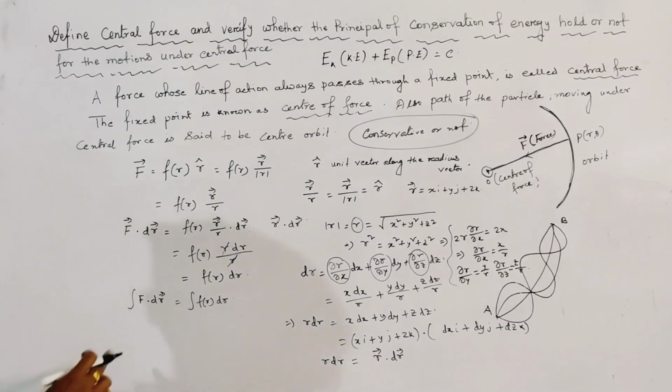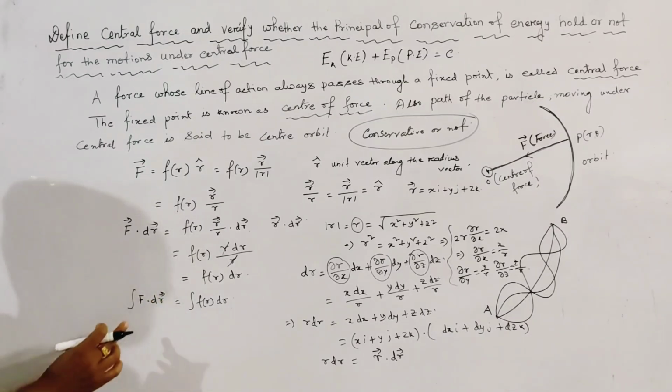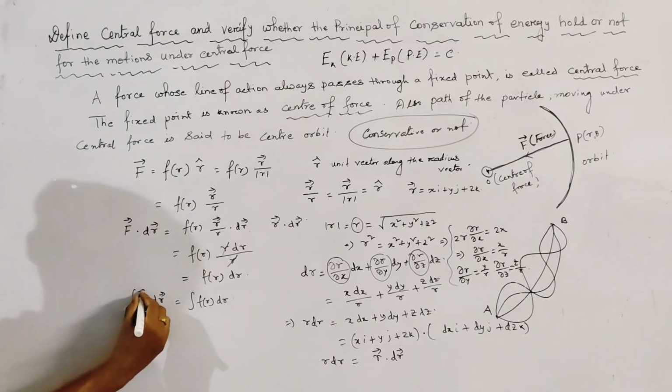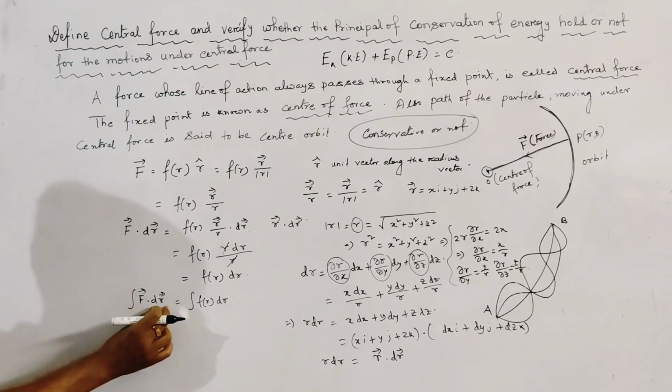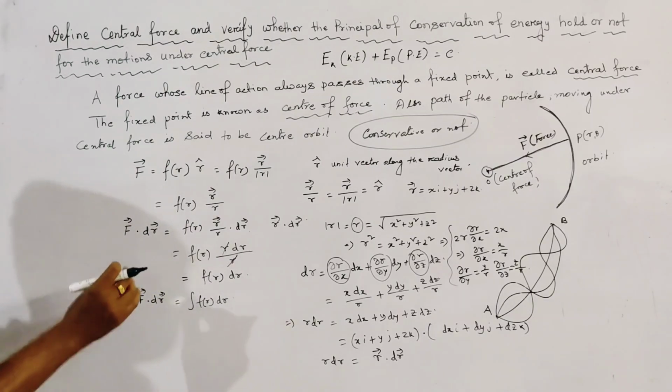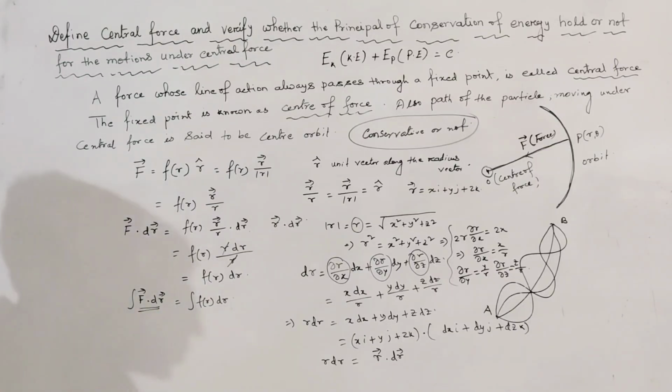Okay, now what is this integration? If we integrate the force into displacement, this is force, the central force F, and this is dr. dr means small displacement along the tangent. So this must be the work done.